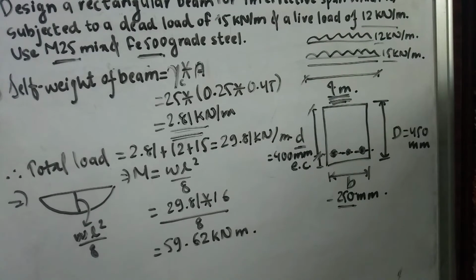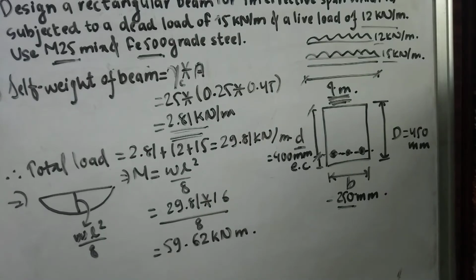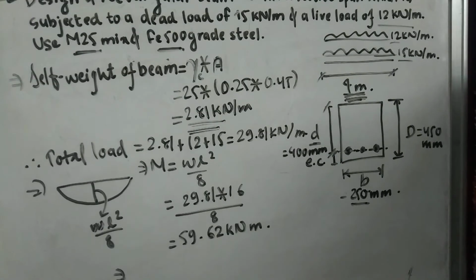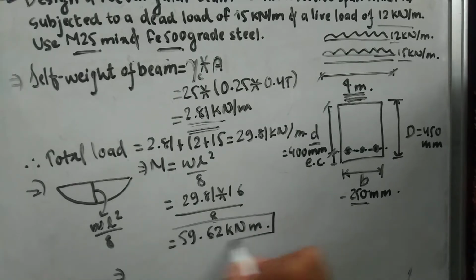As I have already explained in my previous videos, we are designing the beam using the limit state method, and under the limit state method, we increase our load by a certain factor while we decrease our resistance. The bending moment which we have calculated is the unfactored bending moment.